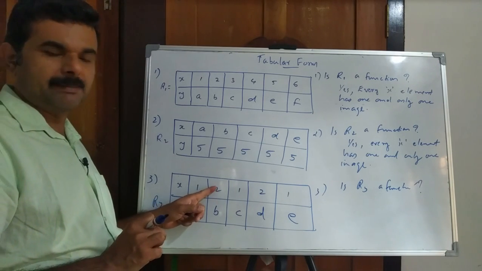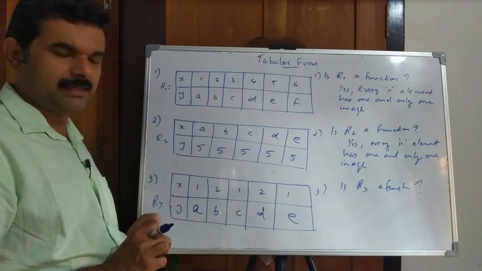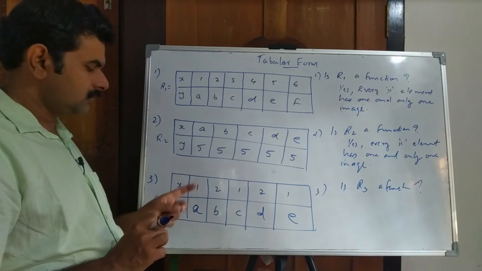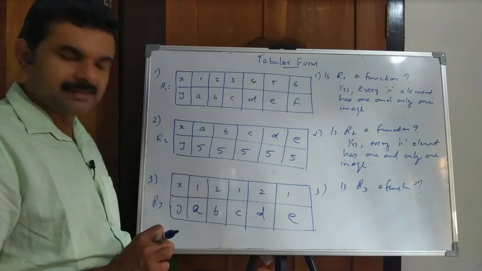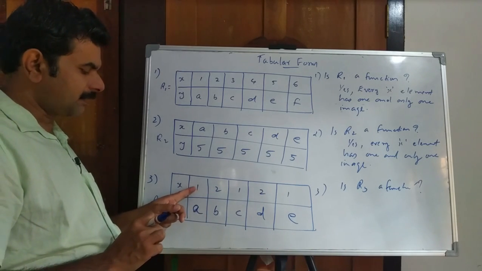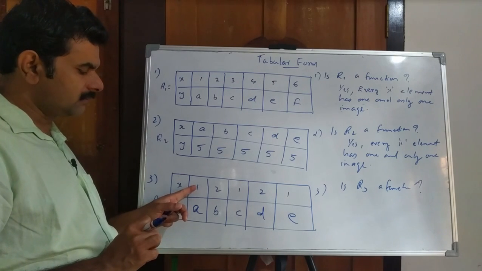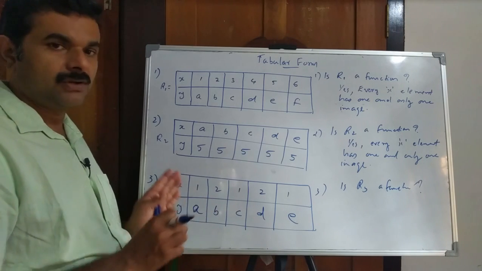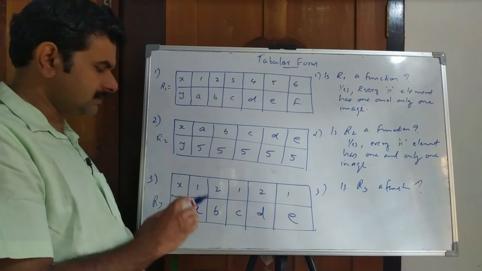Similarly, image of 2 is what? B. Image of 2 is what? Here, D. So, the number 2 has more than one image. Here, the images for 1 are what? A, C, E. More than one image. So, the one and only one image property is not satisfied.